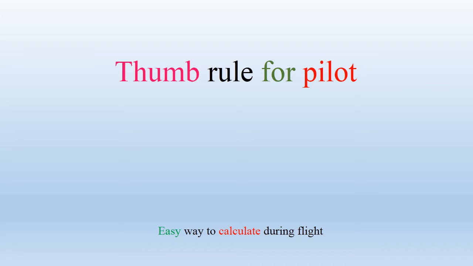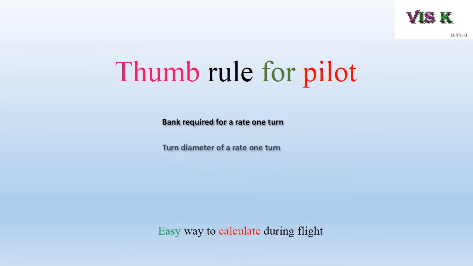For this video, I would like to present or review some formulas because I have received some comments and advice from my listeners to review some formulas for them. So for this video, I would like to present the bank required for a rate 1 turn. The second one is the turn diameter of a rate 1 turn, which is linked from the first formula.